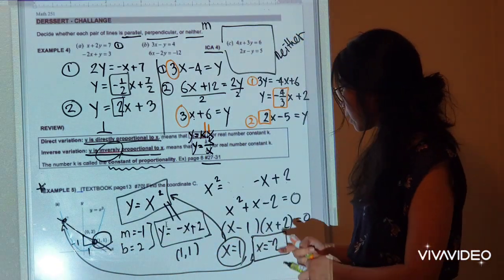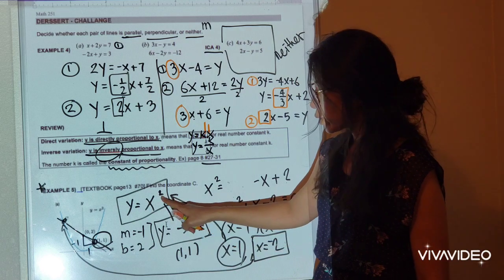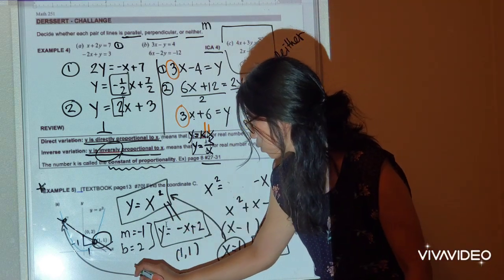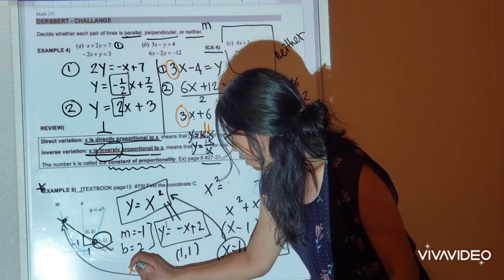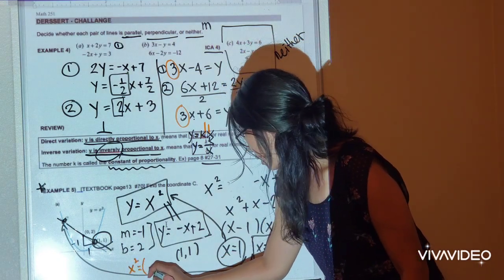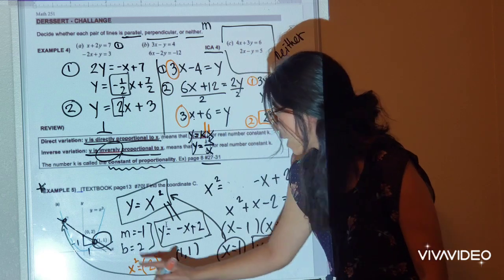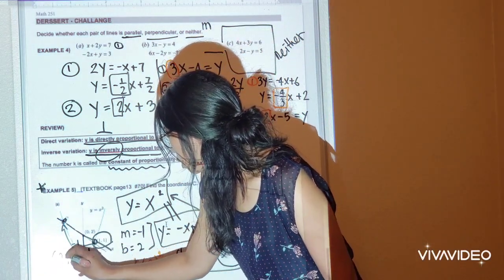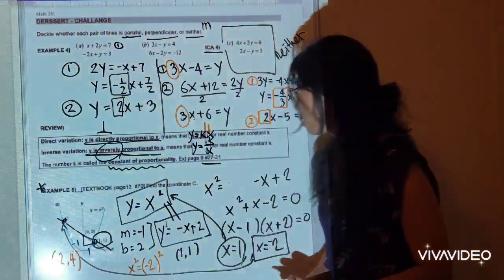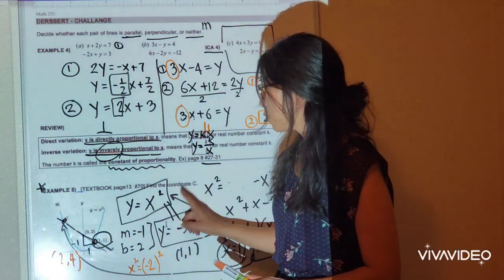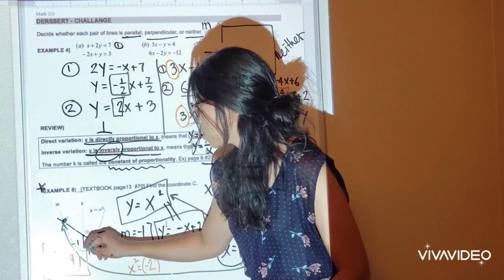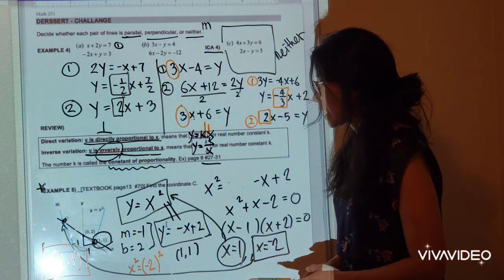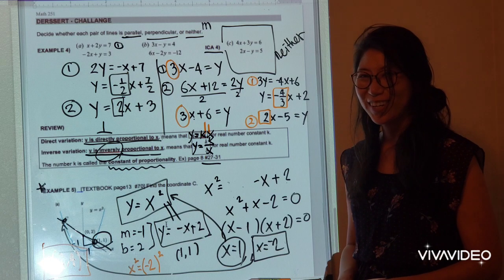If I plug negative 2 into the equation, it doesn't matter which one you plug into, that will give me x squared, which is negative 2 squared. I get the coordinate, which will be negative 2, 4. So the coordinate where the given functions intersect these two equations will be negative 2, 4.